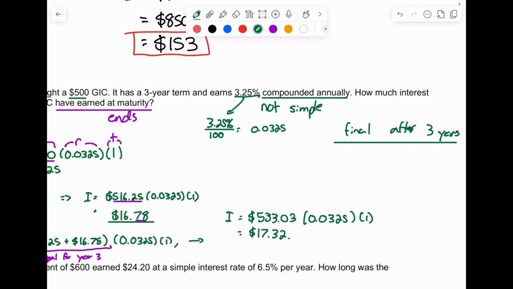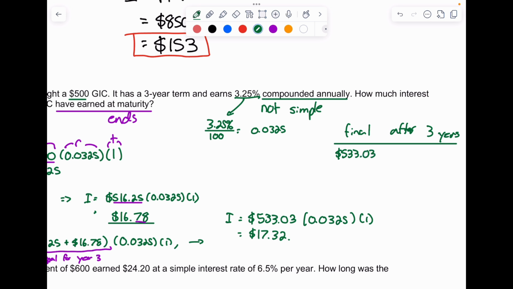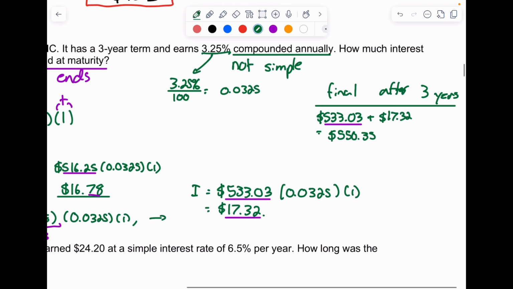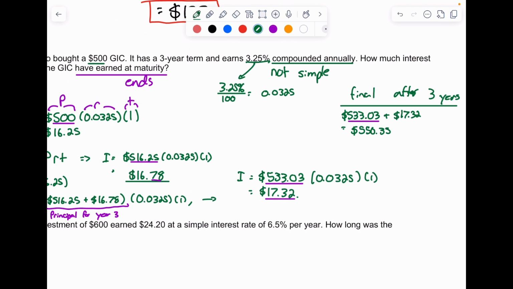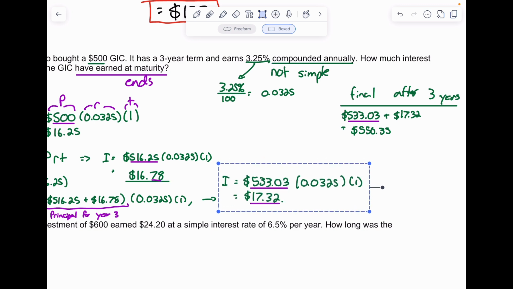Well, it would be 533.03, which is the number you have for the 2nd year, plus the interest you earned for that year, 17.32. So that year, what your account would say would be 533.03 plus 17.32. So your account would read $550.35.